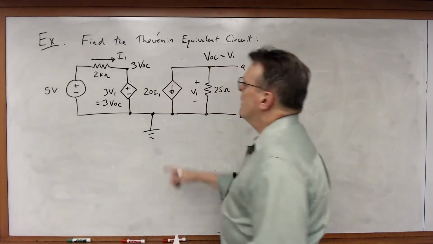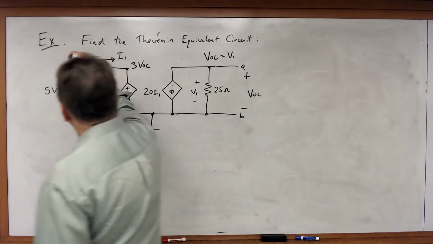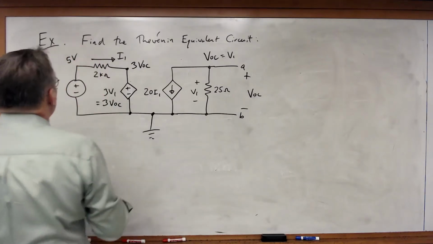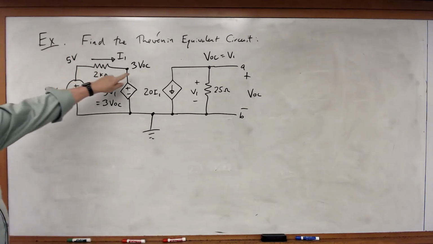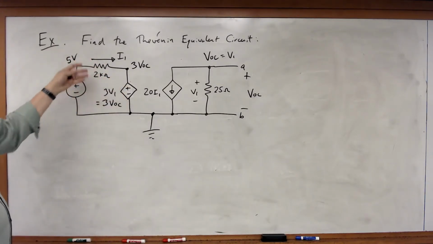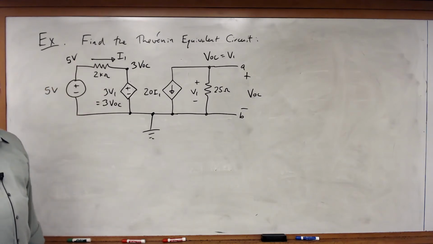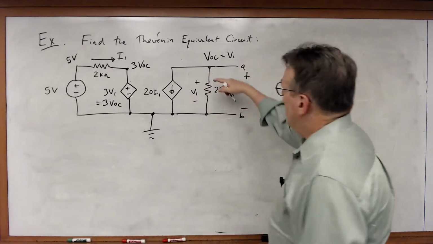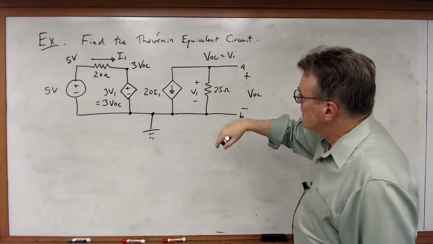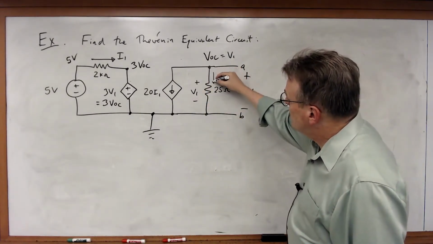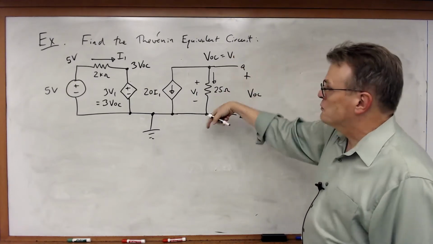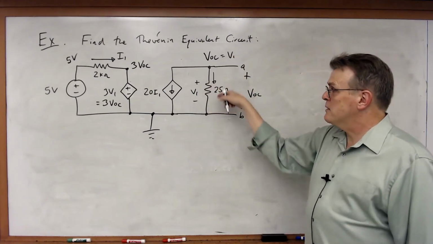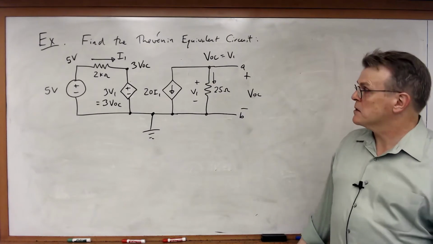So now, I note over here, this is 5 volts. This node is defined. That node is defined. There really isn't a KCL equation we can write here. There's not one we need to write. Over here, I've got the voltage V1 defined across this 25 ohm resistor, so of course I'm going to draw the current that direction and follow the passive sign convention for that resistor.